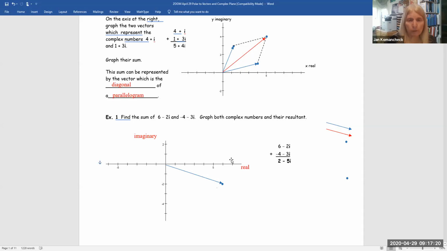Now we're going to graph the second number, which is negative 4 minus 3i. Well, negative 4 means I need to take the point on the real axis to negative 4, which is here. And then I'm going to go down 3 spaces.